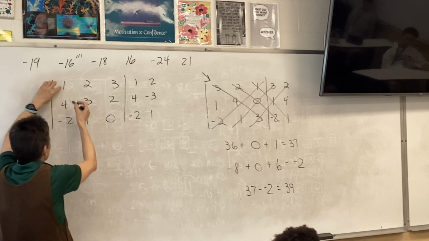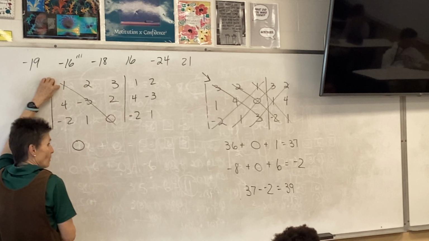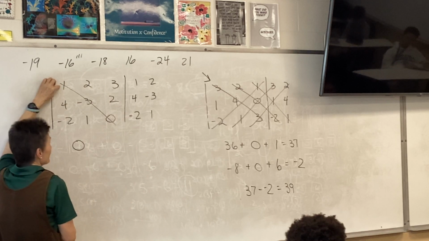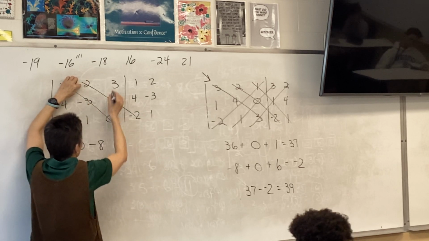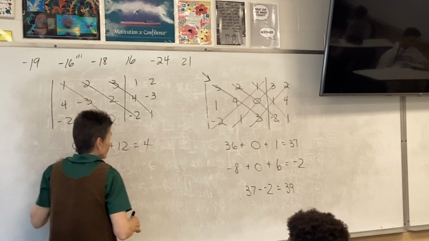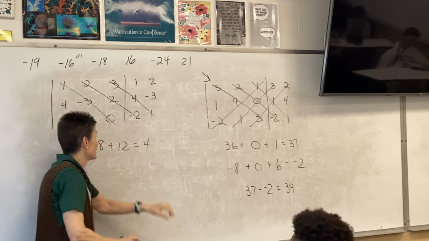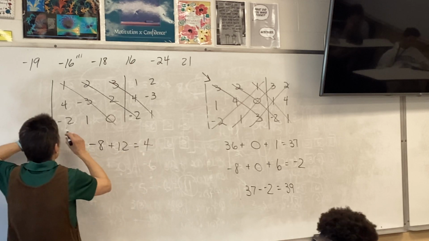That might be right. All right, multiply, multiply, multiply. 0, 0, 0. Oh, that's where I messed up. Multiply, -8. Multiply 12. Your total for your downs should be 4. All right.